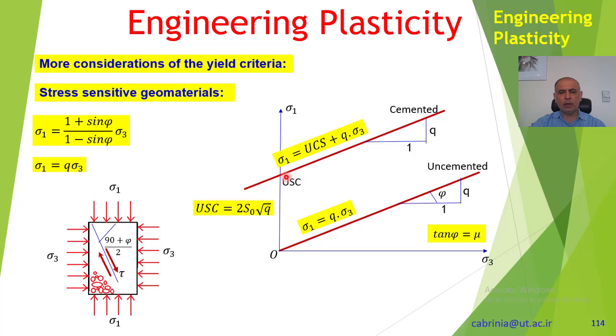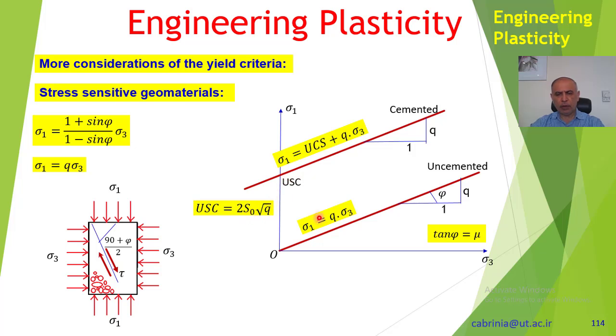So when sigma 3 is 0, sigma 1 is USC, the unconfined strength. And as you can see, sigma 1 is USC plus q dot sigma 3. Compare these two, and we can find this relation between USC and q and S0.